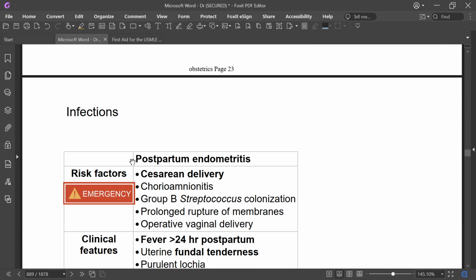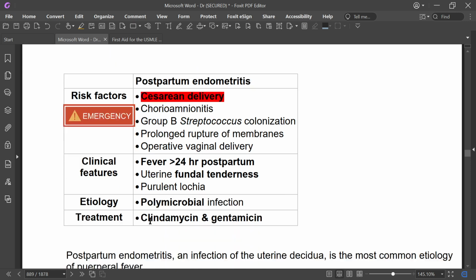Postpartum endometritis. It may be due to cesarean delivery, chorioamnionitis, group B streptococcus colonization, prolonged rupture of the membrane, and operative vaginal delivery.